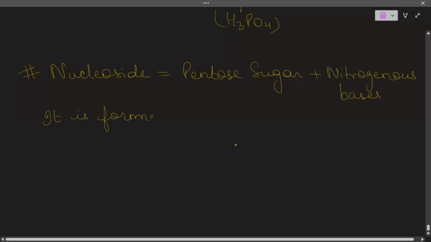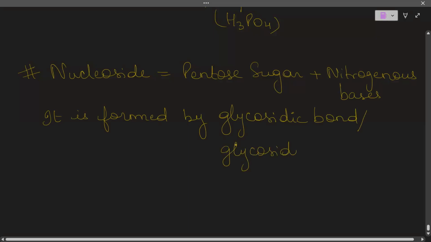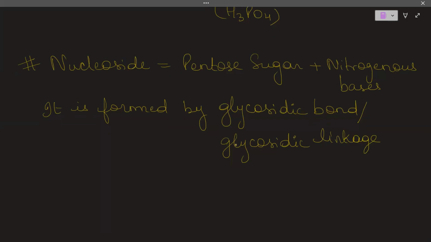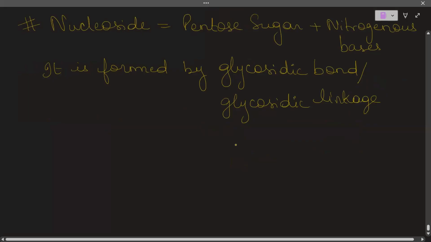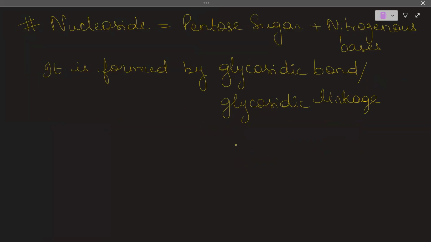The name of the bond is glycosidic bond. Many times it can also be called glycosidic linkage. It's the same thing. Clear? Now, whenever this nucleoside gets attached with a phosphate group, then what do we have?